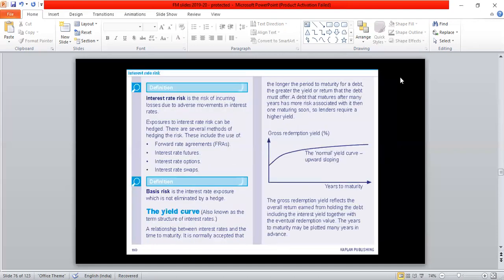The next concept is interest rate risk. Till now we've discussed foreign currency risk, foreign exchange rate risk. Now it is interest rate risk. Interest rates keep varying, fluctuating from time to time, like foreign currencies also fluctuate from time to time.